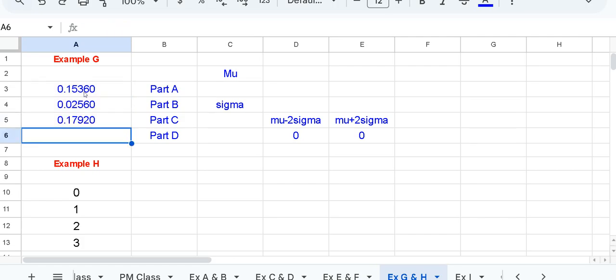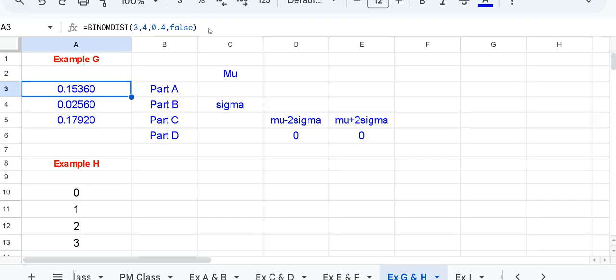So about 0.1536 plus 0.0256 gives 0.1792. So nothing wrong with doing that. You could actually type out both of these probabilities if you wanted to.